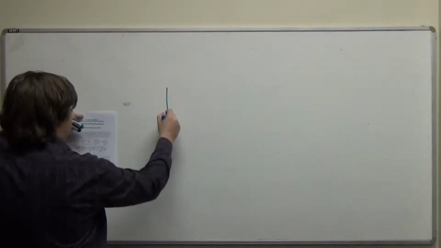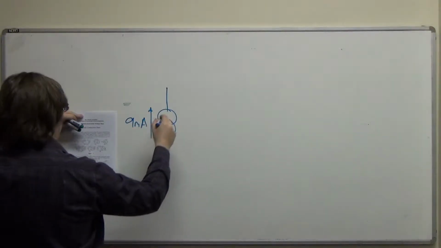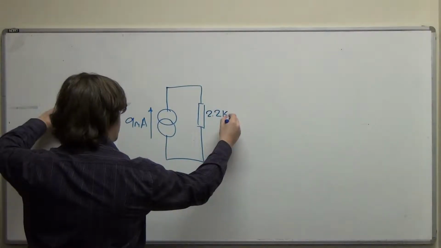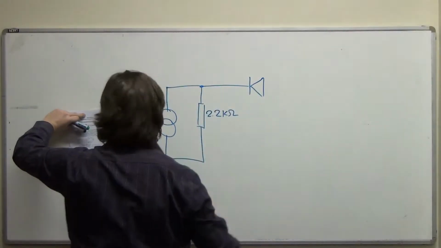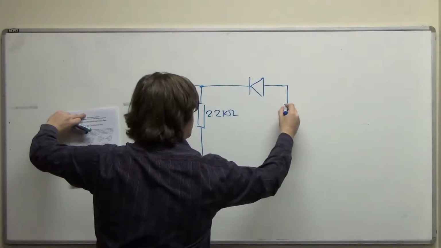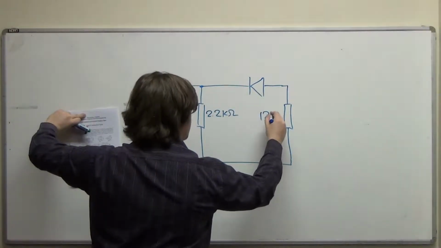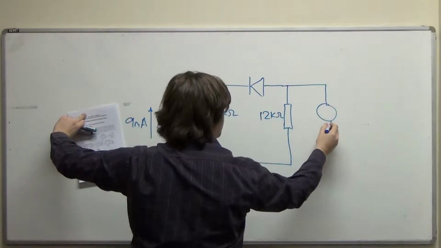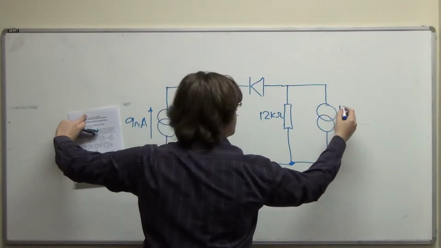And we have a current source conducting 9 milliamps in parallel with a resistor of 2.2 kiloohms, and there's a diode from the upper part of the resistor, and that's got on its anode a 12 kiloohm resistor, and in parallel with that is a current source of 2 milliamps going upwards.